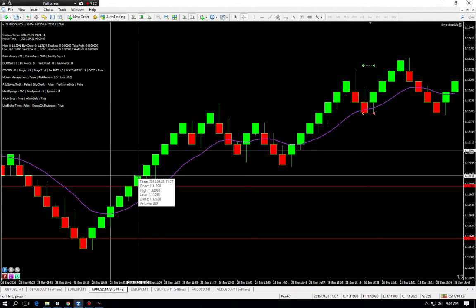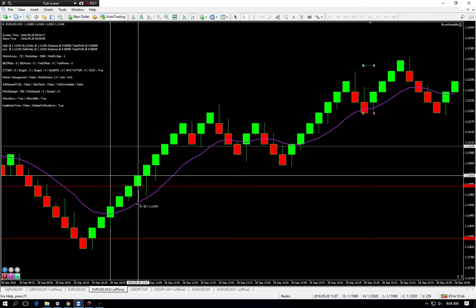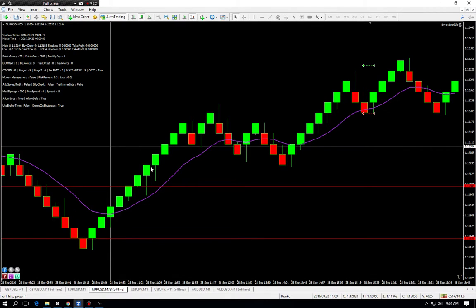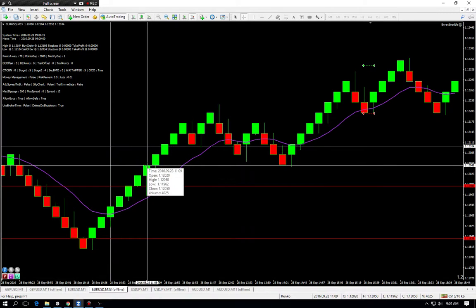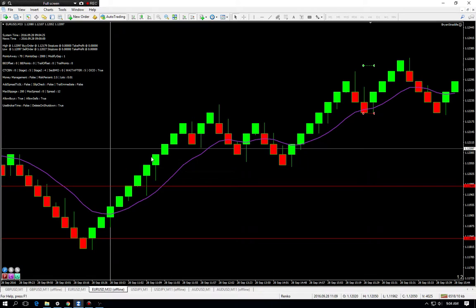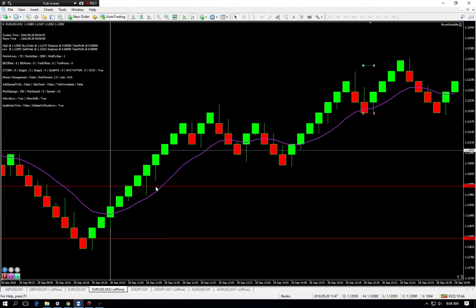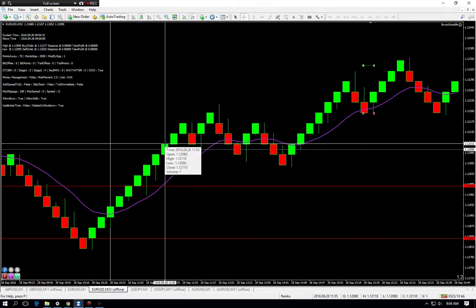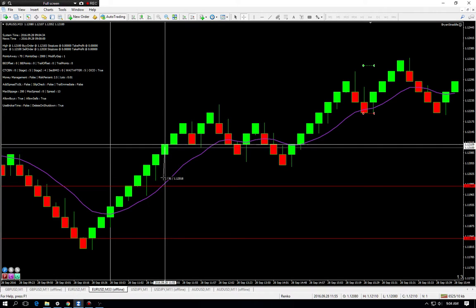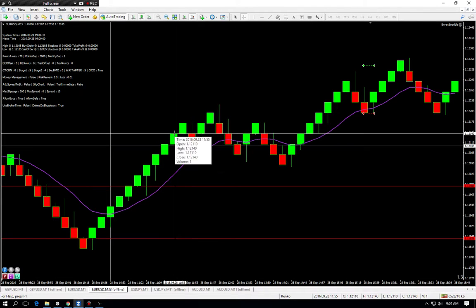If we move up to the next candle, it increases up to 8 pips. If we jump up to the next candle, we're up to about 9.6 pips. We're at 10.7 pips. 11.2 pips.